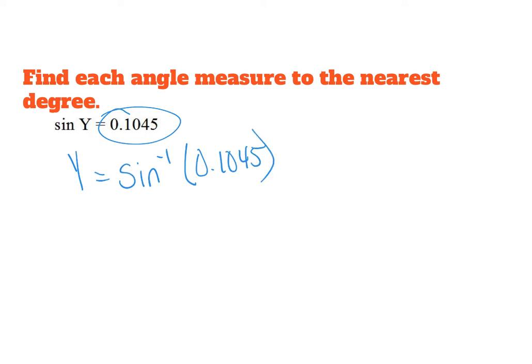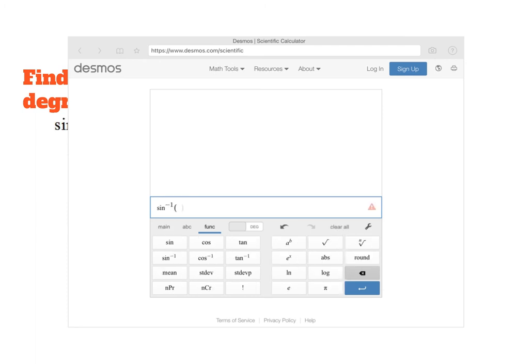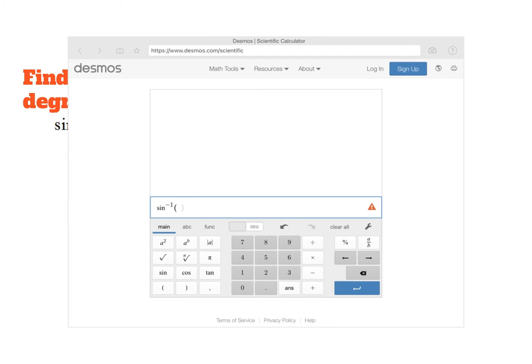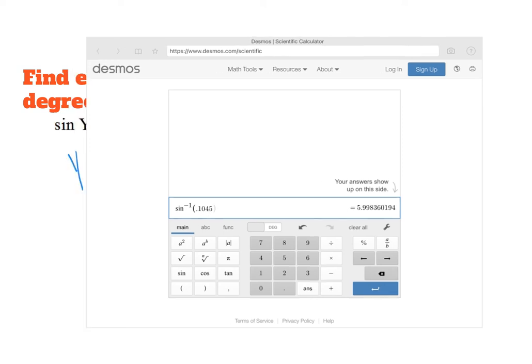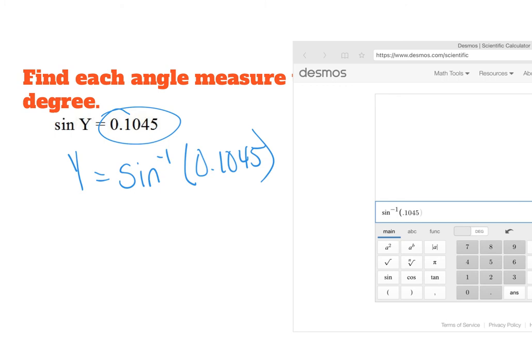I would go to my calculator, find the inverse sine button, and then enter the decimal. That gives me 5.99, etc. Rounding to the nearest degree, y would equal approximately 6 degrees.